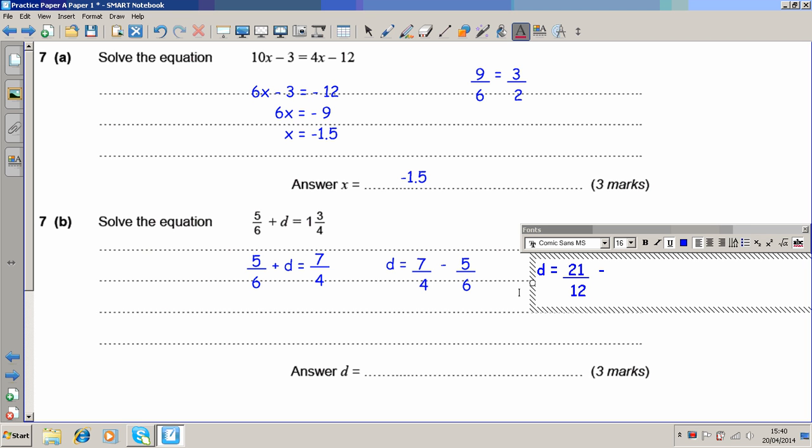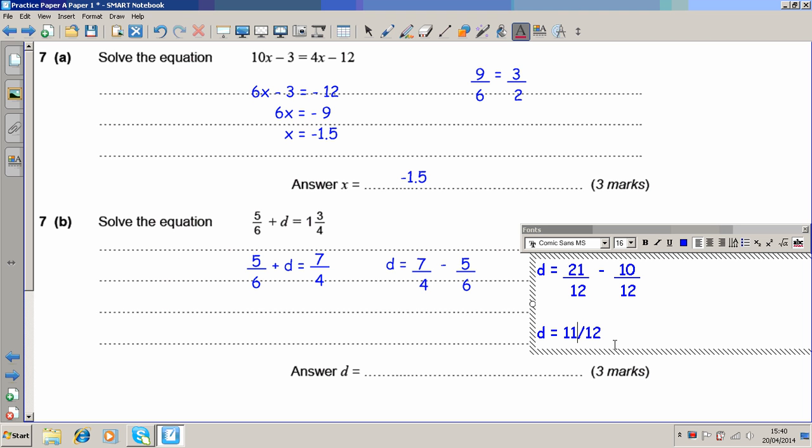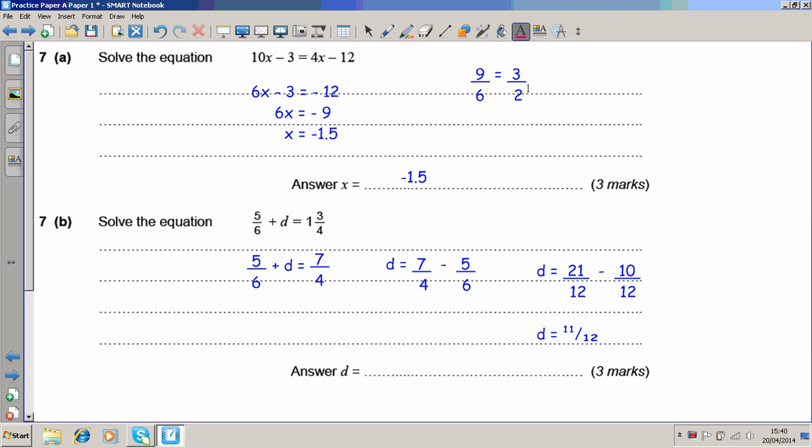And 5 over 6 is the same as 10 over 12. So now 21 take 10 is 11 over 12. 11 twelfths. And there's your answer, 11 twelfths.